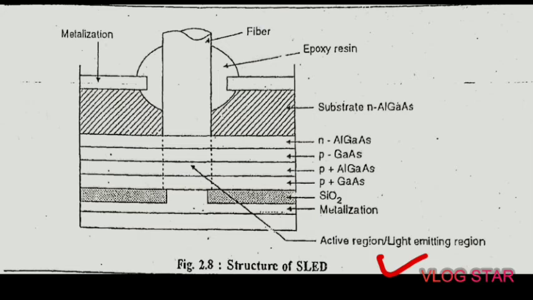It has a double heterojunction structure, that is, a p-type gallium arsenide layer is sandwiched between a p-type aluminium gallium arsenide and an n-type aluminium gallium arsenide layer, which restricts electroluminescence only to the gallium arsenide junction layer, providing good internal quantum efficiency and high radiance emission.